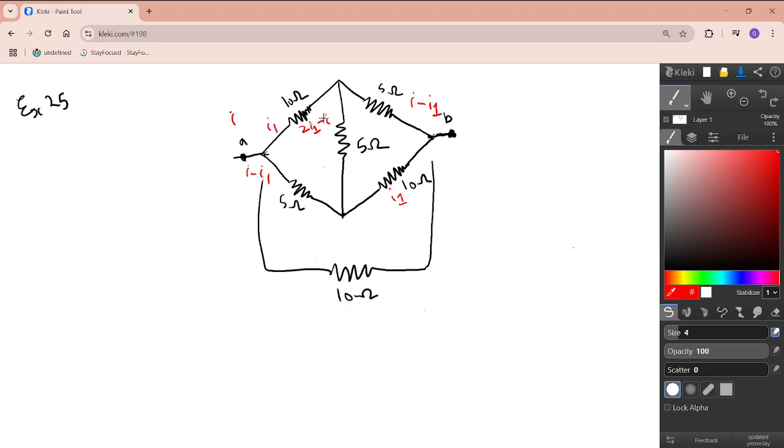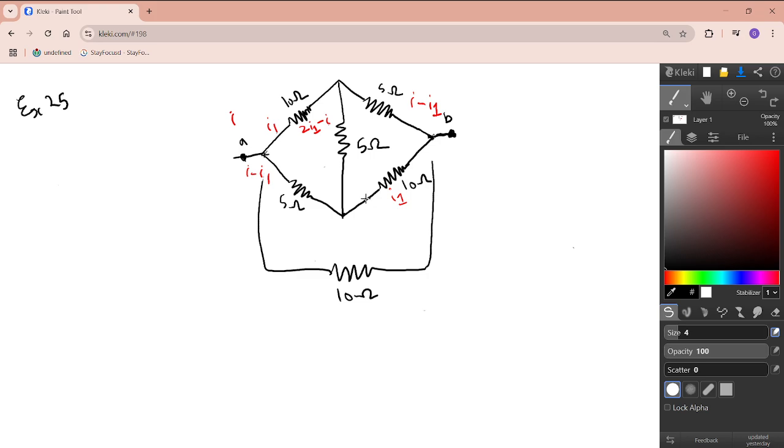Now we can write the potential difference between these points A and B. So one way is we can go through this configuration, and another is we can go through this. We are not going through this because the point of symmetry has already been used, because we are using this I1 and this I minus I1 here.